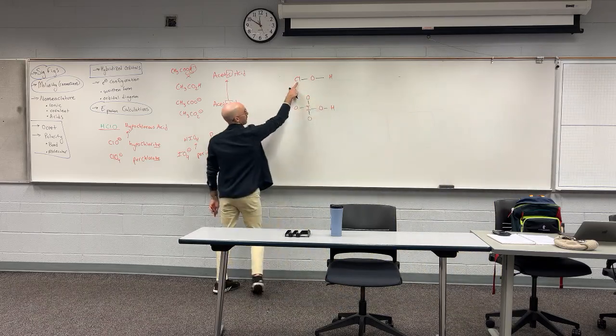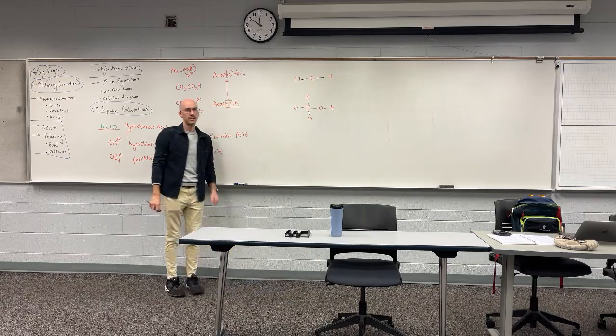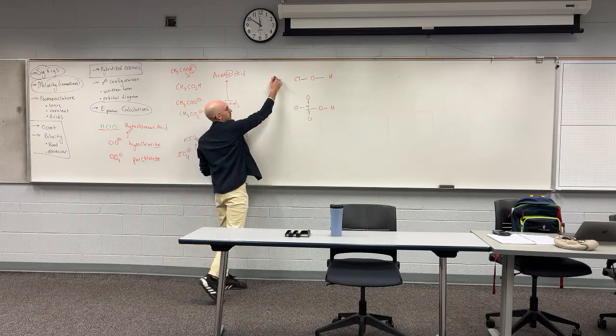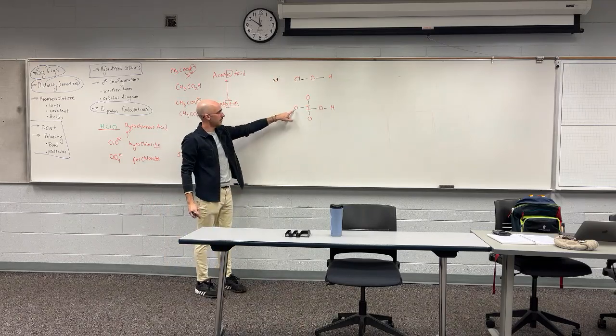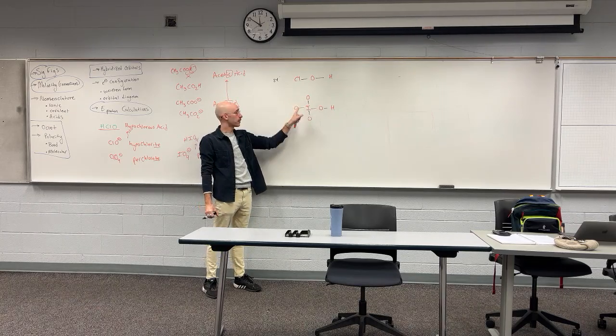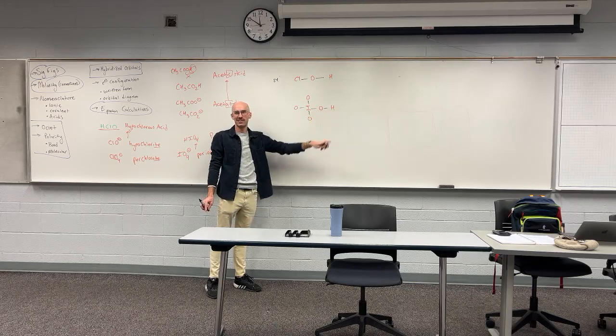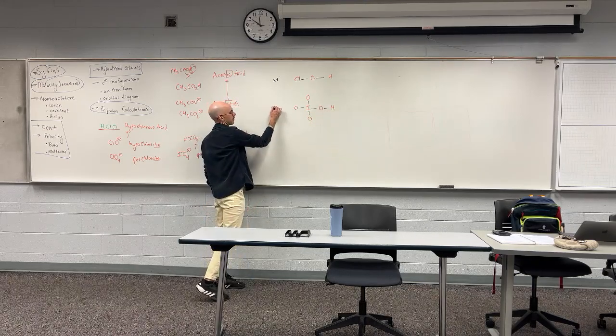So that's 7 plus 1 is 8 plus 6, 24 electrons here. And here I've got 6 times 4, 24, plus another 8, 7 plus 1, so 32 electrons.